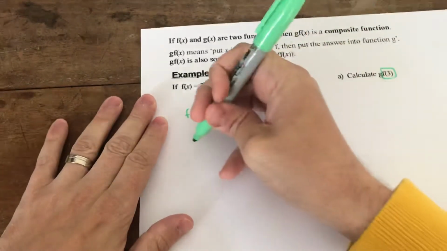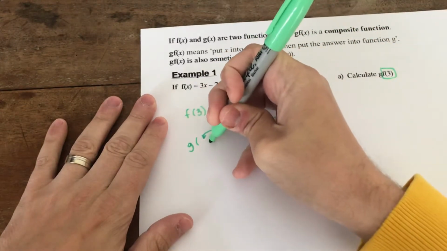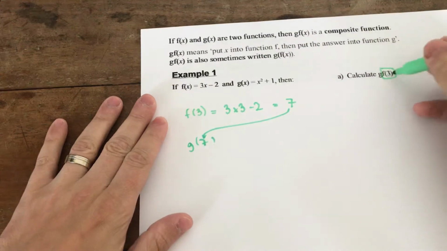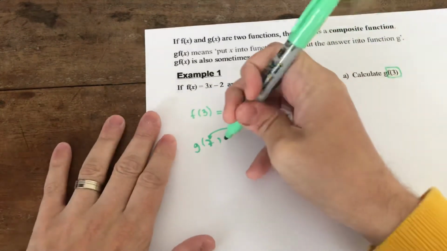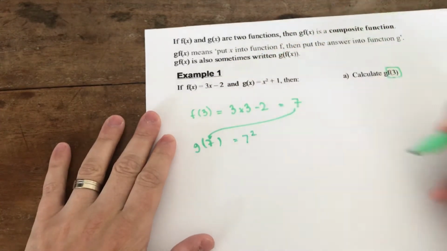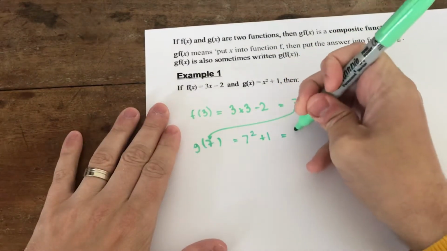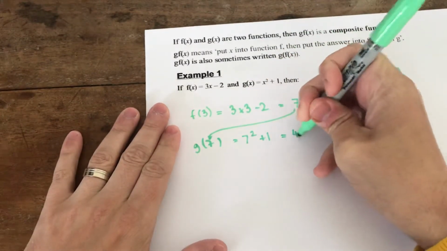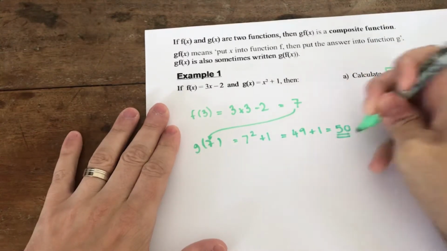What you then do is substitute that value into g. So you take your answer from f(3) and then you put it into g. And my function for g is x squared, so 7 squared, add 1. That gives me 49 add 1, which is 50.